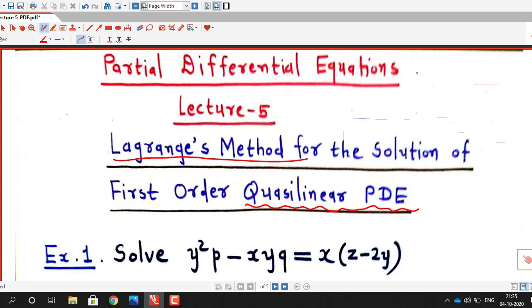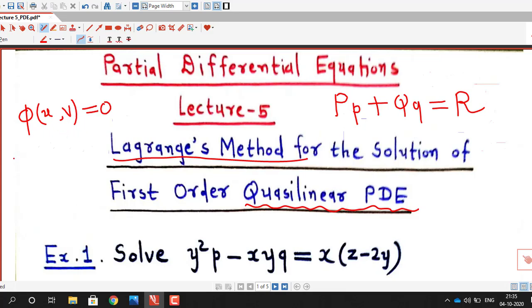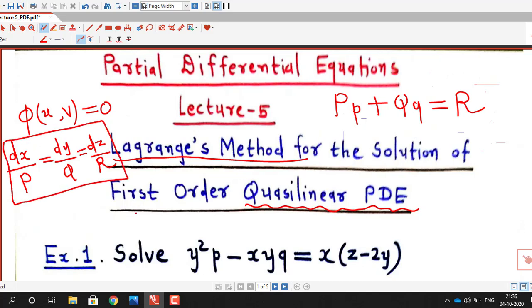So we had seen that if our partial differential equation of first order is in this form, capital P into small p plus capital Q into small q equal to R, then its general solution is given by phi of u, v equal to 0, where u and v are solutions of the equations dx upon P equal to dy upon Q equal to dz upon R, which are known as Lagrange auxiliary equations.